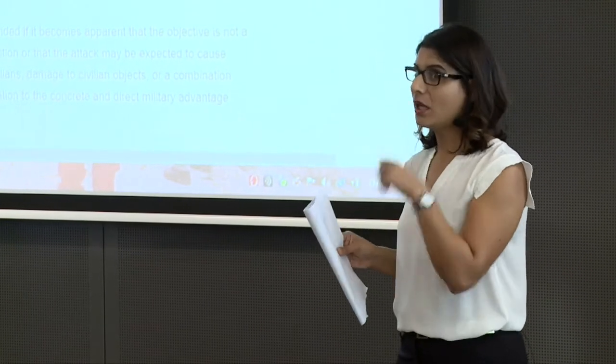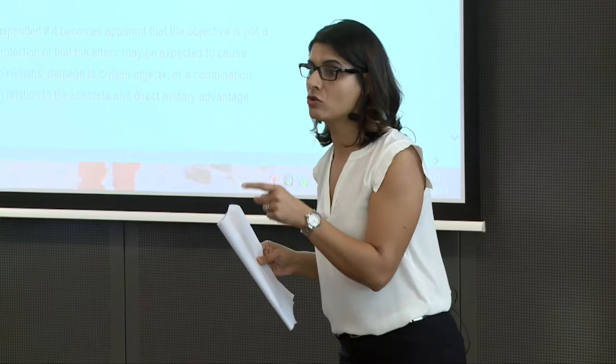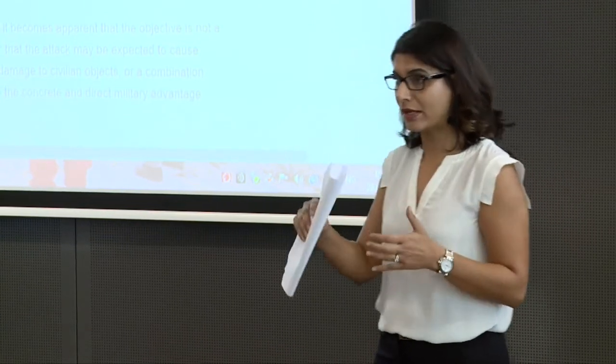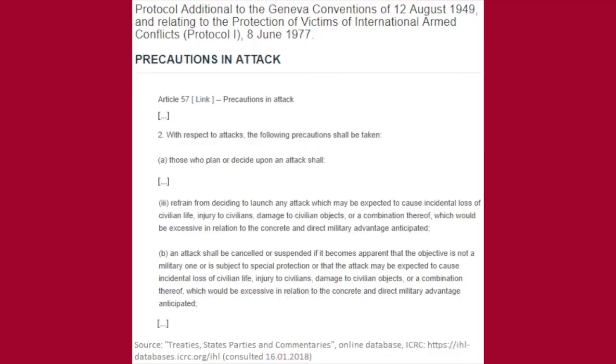Then, again, with the constant care obligation, make sure you're using the appropriate amount of force in response, or whether you can withdraw to seek cover and find a better opportunity to engage the enemy. So this falls into the argument of refraining from or canceling an attack. If the commander's calculus is that the harm to civilians is going to be excessive to the military advantage, then you can cancel or suspend the attack.